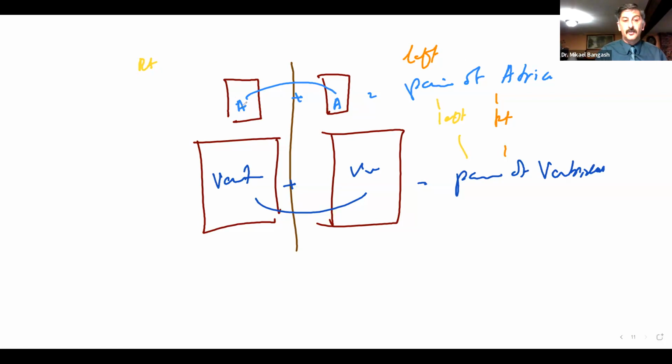So we have a pair of ventricles, we have a pair of atria. That pair of atria is made up of the atrium on the right and the atrium on the left. The pair of ventricles is made up of the ventricle on the right and the ventricle on the left.